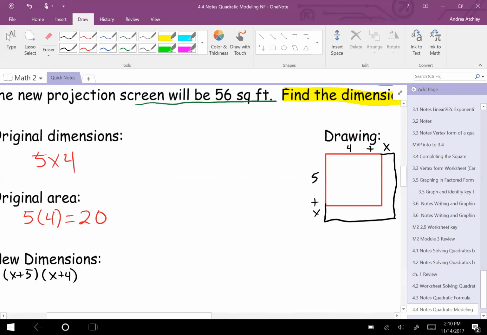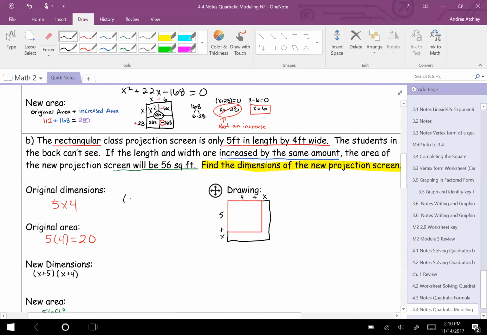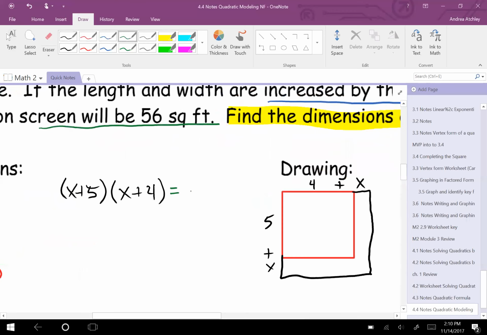Okay. So now our equation, we have our new length. Let's try that again. Our new length times our new width, and it should equal our new area. So just like before, we have to multiply it out.